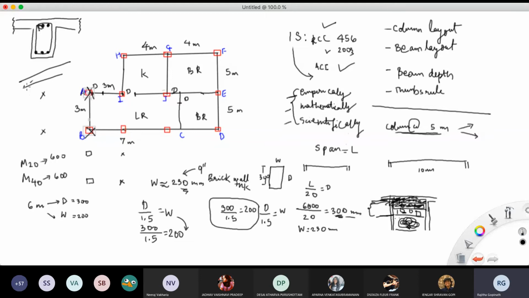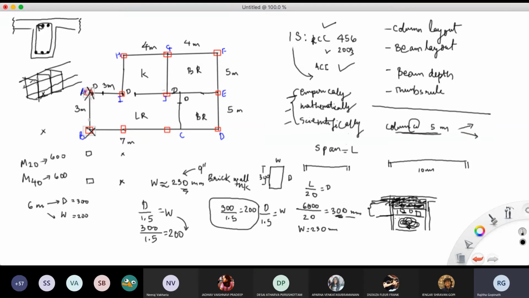It's like a cage, and you put this inside. I'm sure you've seen this on the construction site. This reinforcement, its cage, this mesh, they put inside.